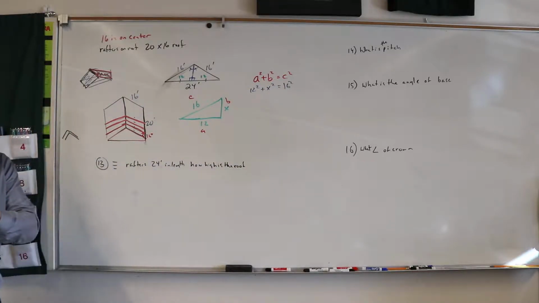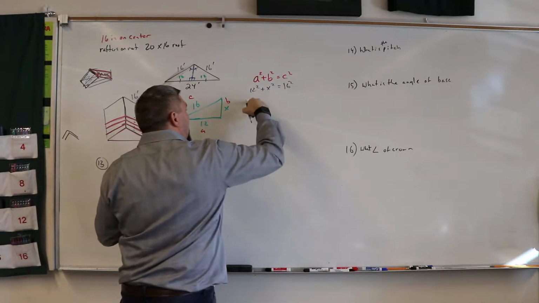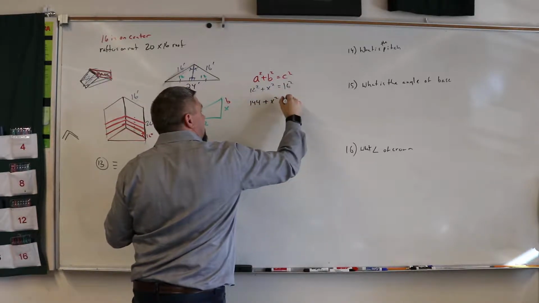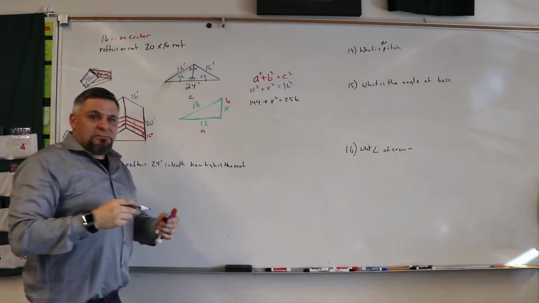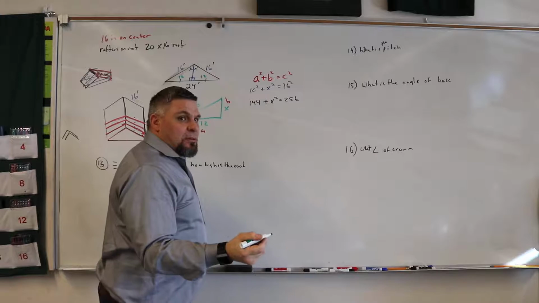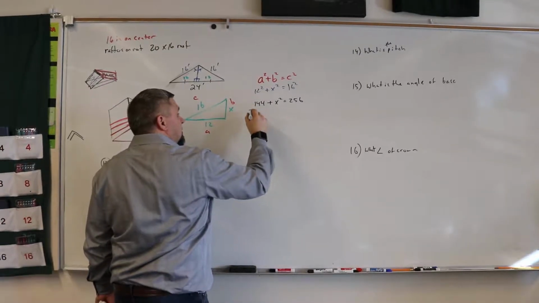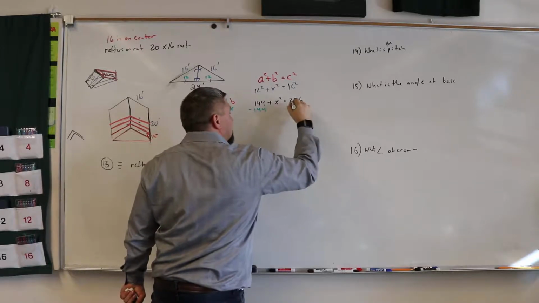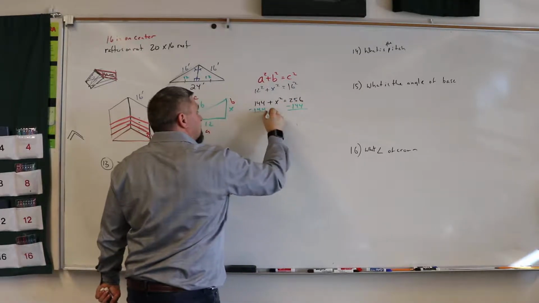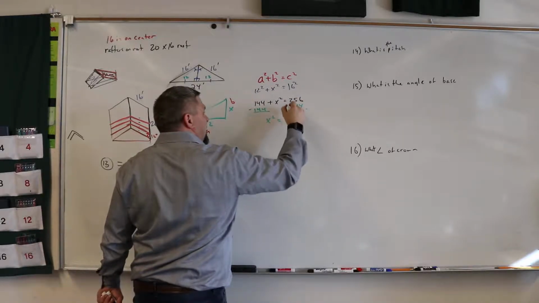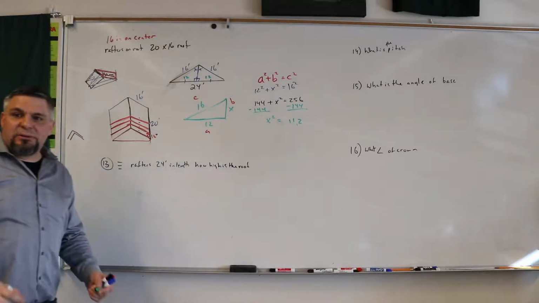So 144 plus x squared is equal to 256. What do we do? Do algebra? Yeah, just subtract. x squared is equal to 112.